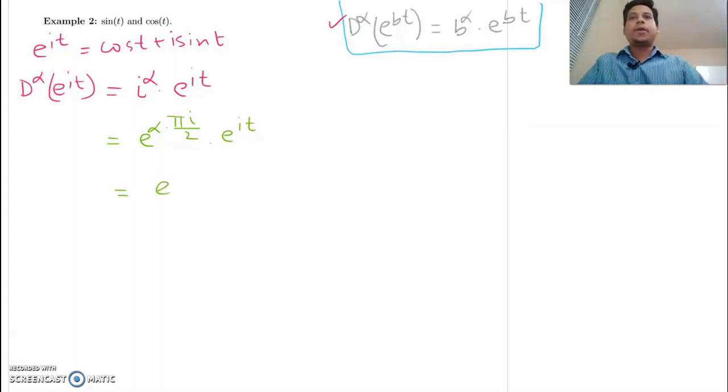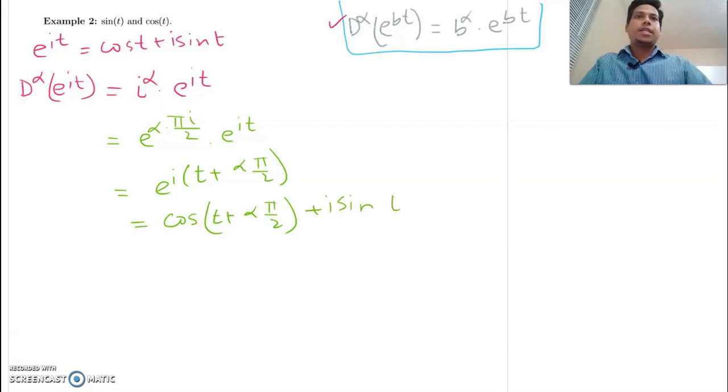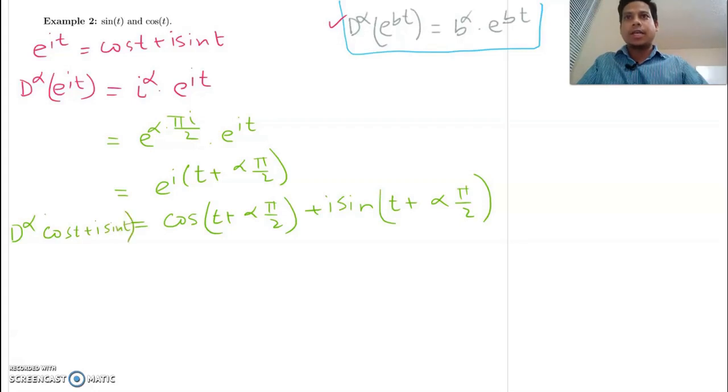Now we can combine them where i is a common factor: i times (t plus alpha pi over 2). Again we can use Euler's formula. So this equals cosine of (t plus alpha pi over 2) plus i sine of (t plus alpha pi over 2). So on the left side we have the alpha order derivative of cosine t plus i sine t.